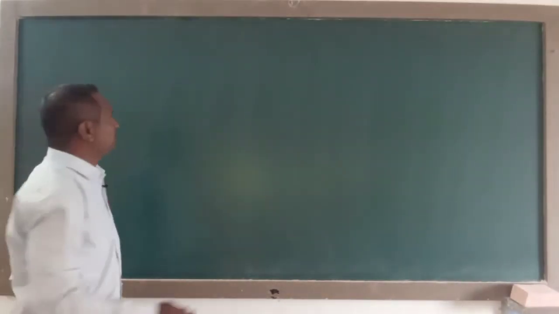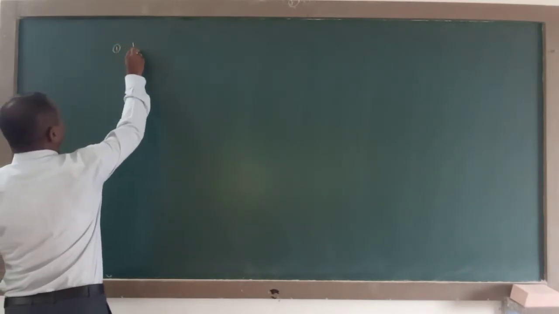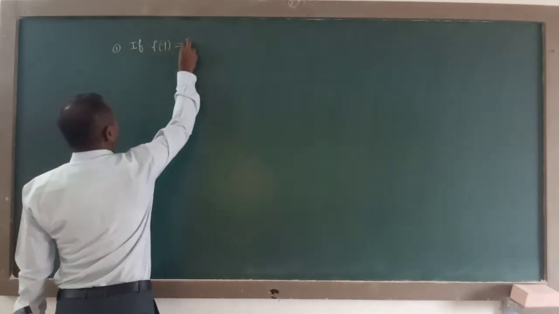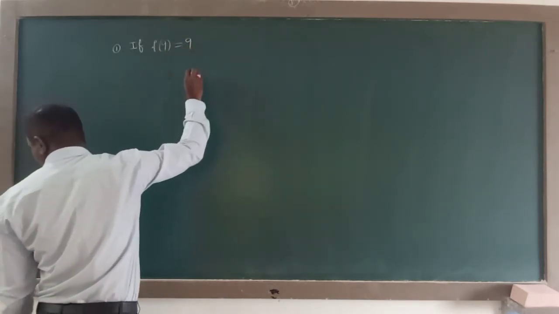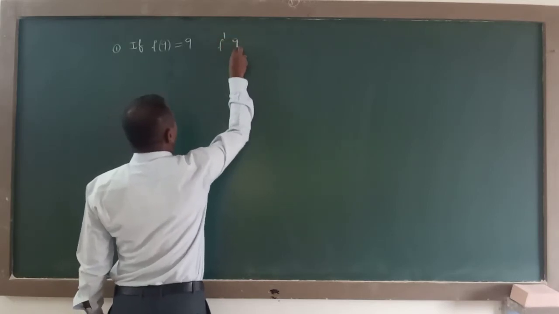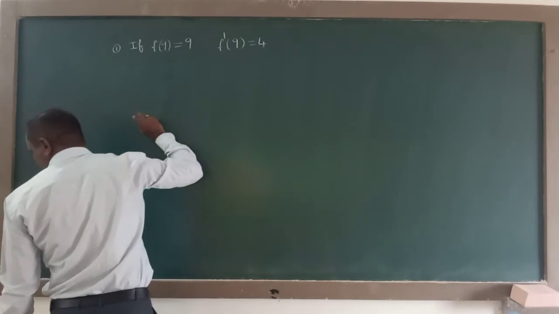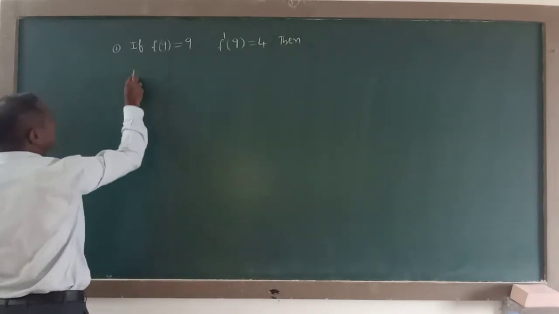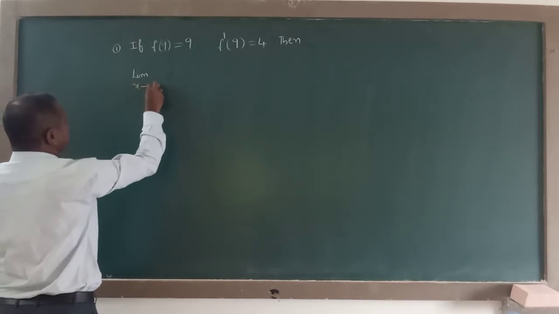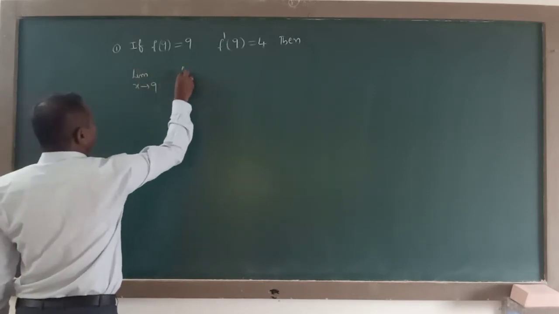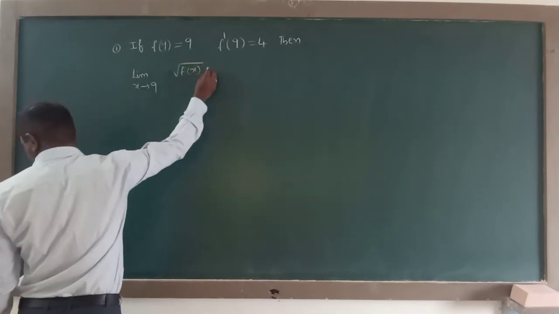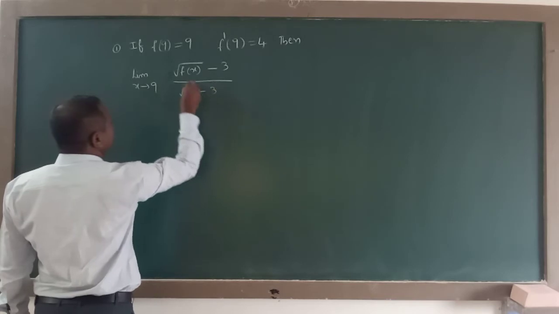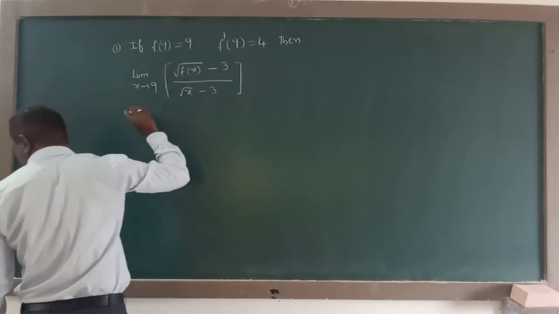If f of 9 is equal to 9 and f dash of 9 is equal to 4, then limit x tending to 9 of square root of f of x minus 3, whole divided by root x minus 3 is equal to.